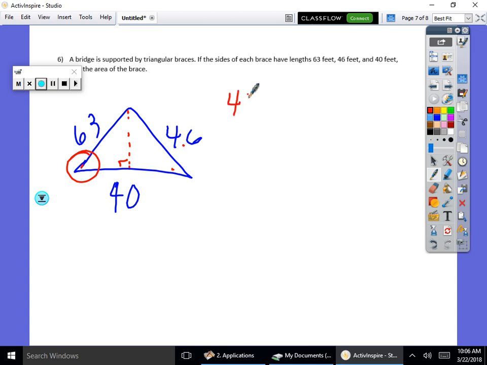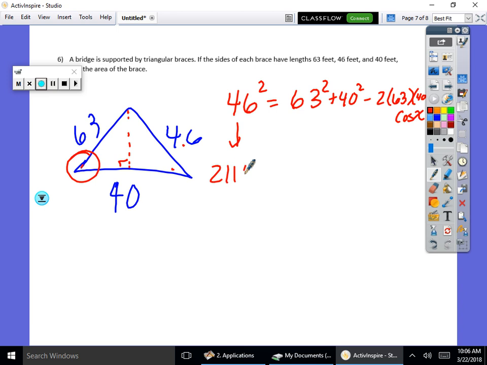So if I want to find this angle, I'm going to start with this. I'm going to have 46 squared equals 63 squared plus 40 squared minus 2 times 63 times 40 times the cosine of x, okay? And so 46 squared ends up being 2116, and the combination of this ends up being 5569 minus 5040 cosine of x.